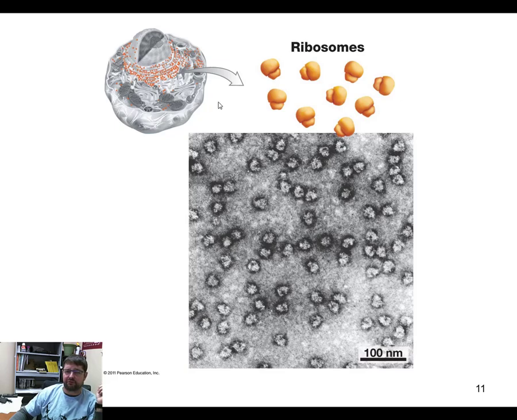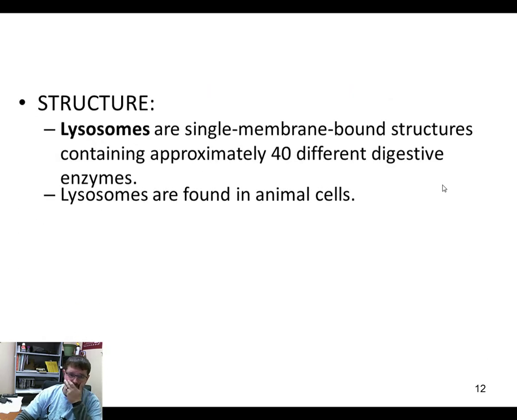We'll come back to that when we get to cellular respiration. But here you can see large subunit, small subunit ribosomes. Kind of looks like popcorn. And sitting out there in the solution or attached to the rough ER.